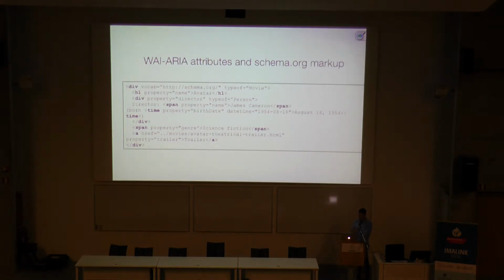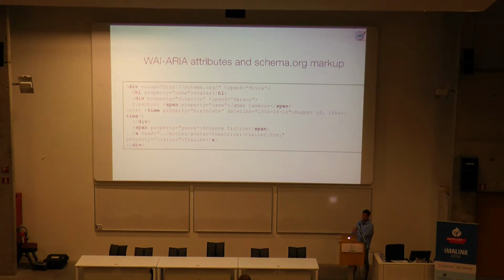Next to that, there are also RDFa attributes and schema.org markup in the HTML which is sent to the browser. That means the HTML is enriched with attributes that give some more details about the content, which machines can read, like search engines, for example.